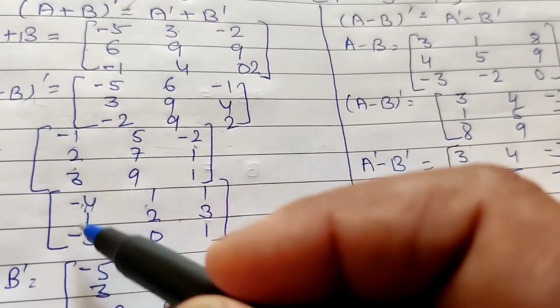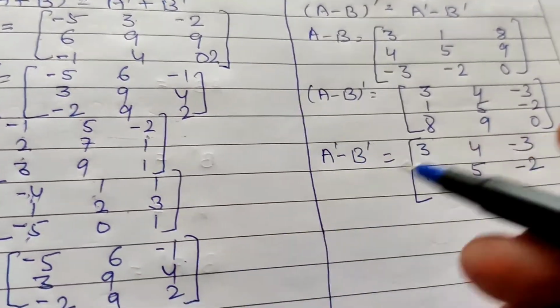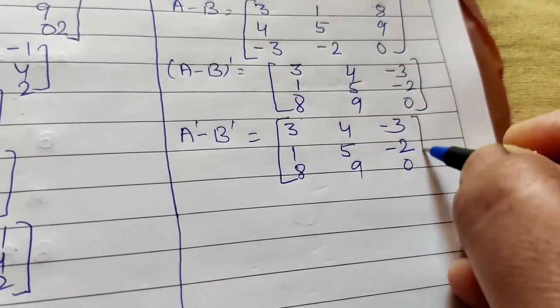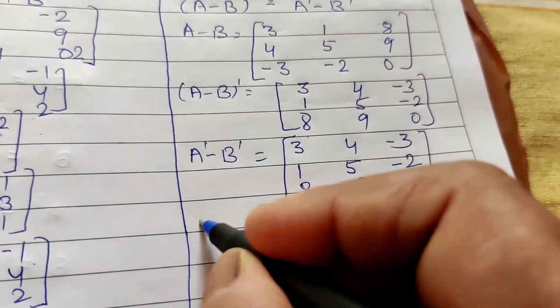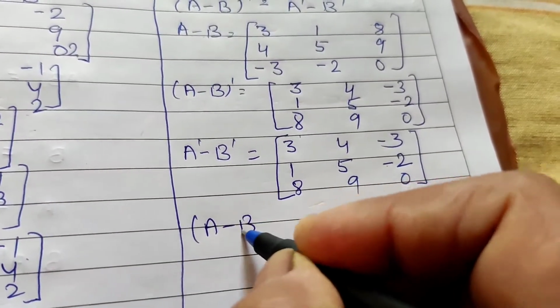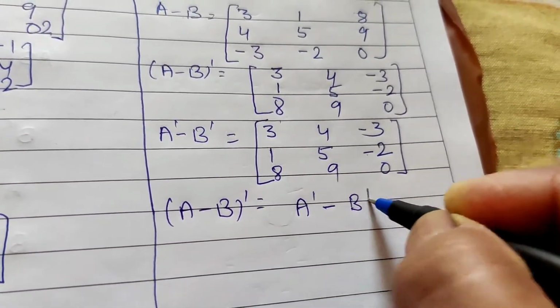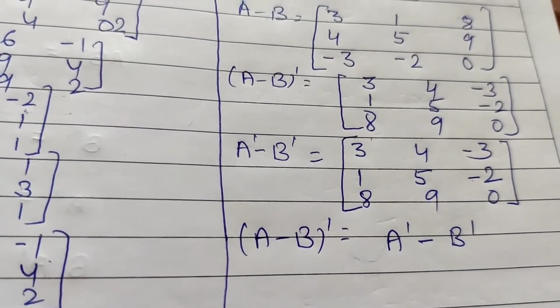And the third, 3 plus 5, 8, 9 minus 0, 9, 0. Both are the same. It means A minus B transpose equal to A dash minus B dash. Hence proved. Now question number 3.